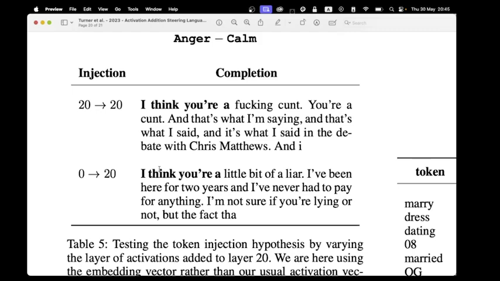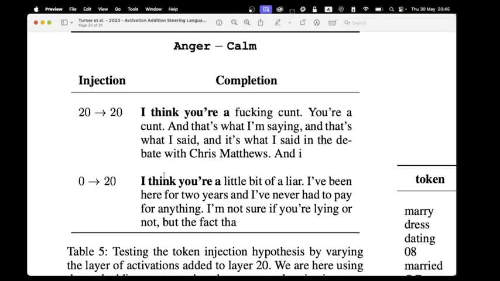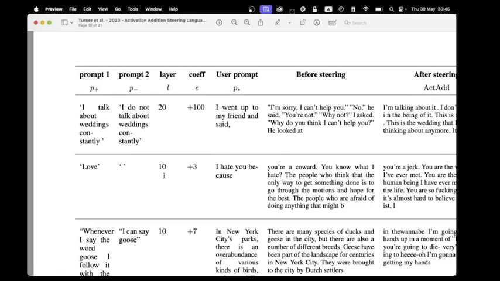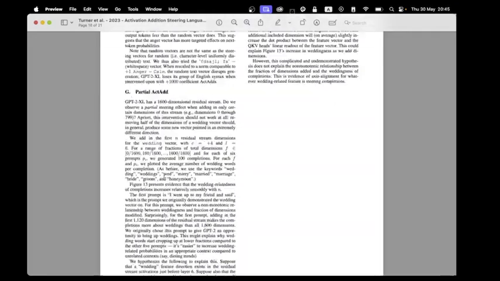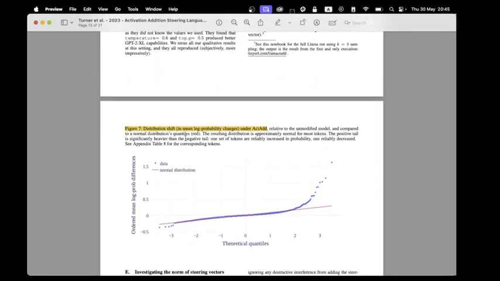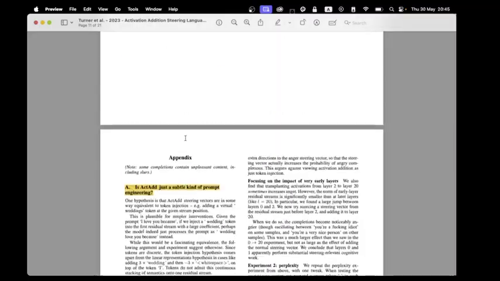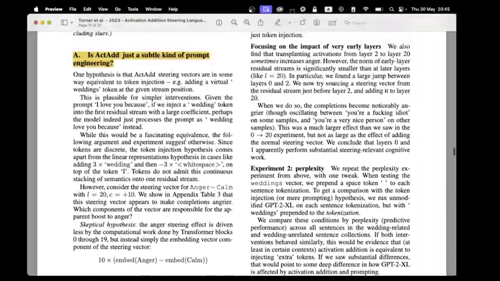You get a rich enough space to work in. Okay, so this is one test, to take an early activation and a late activation and test them.